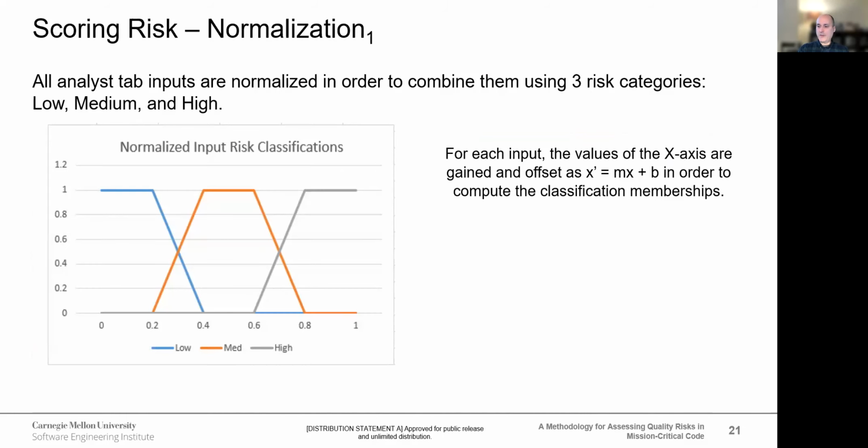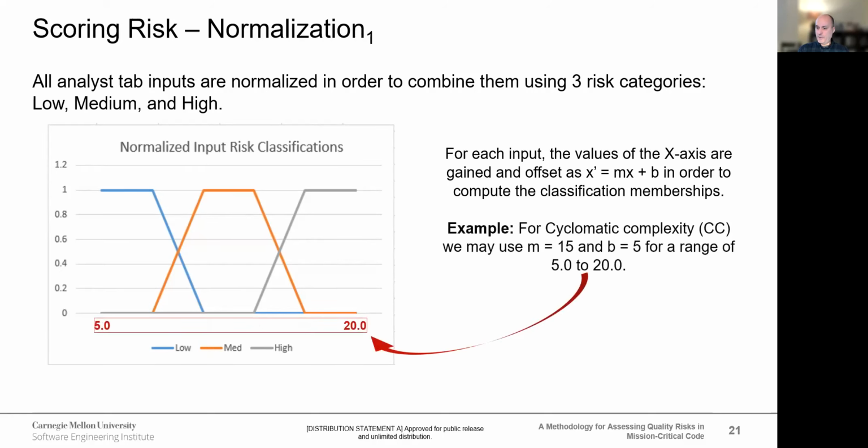So each analyst answer is normalized into three component levels of risk: low, medium, and high, using concepts motivated from fuzzy set theory. Values were chosen that transform the x-axis ranging from 0 to 1 for each specific analyst question, as shown here for cyclomatic complexity.